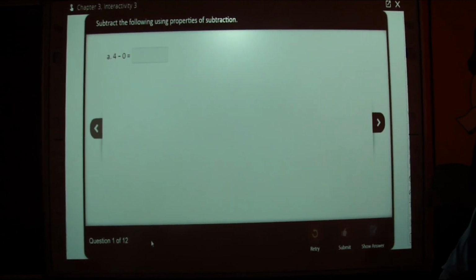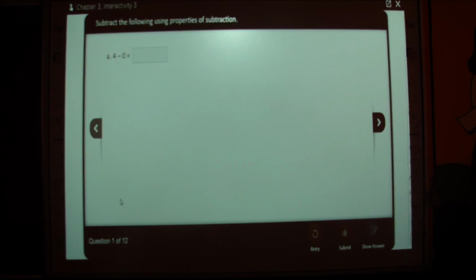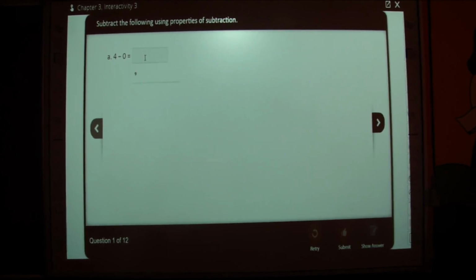Listen here. Subtract the following using properties of subtraction. 4 minus 0 is equal to 4, because it is an itself.